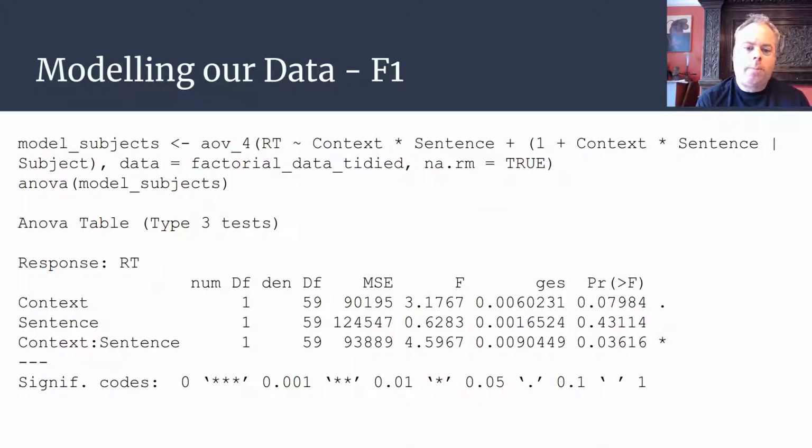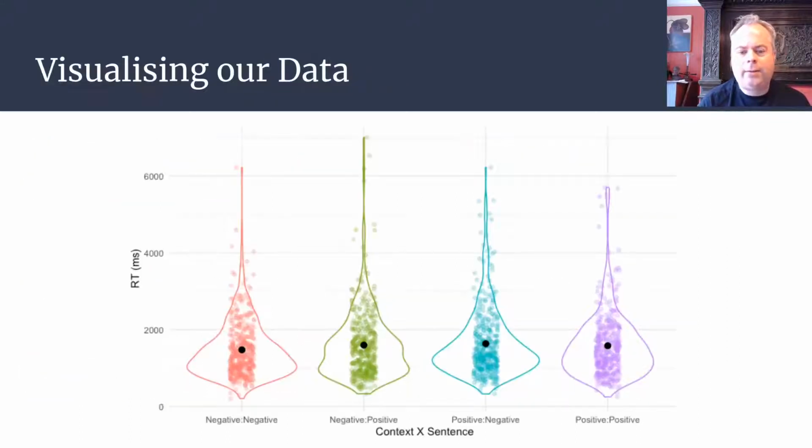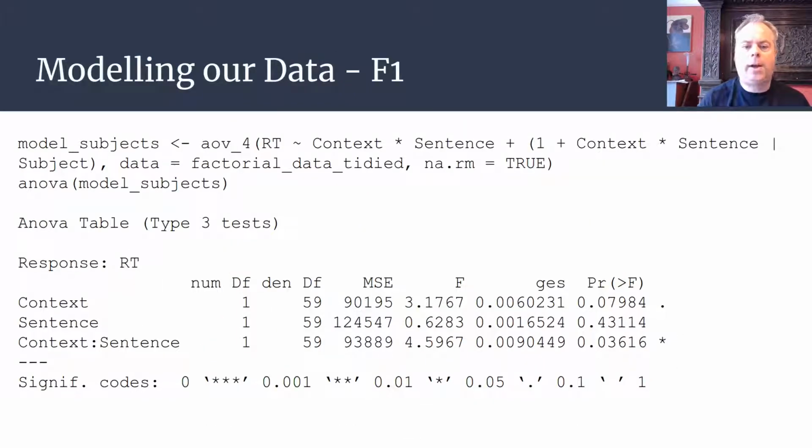So we're going to build our analysis of variance model using the same sort of syntax that we used when we looked at using aov4 in the context of repeated measures designs. But rather than there being just one experimental factor, in this case we've got two experimental factors, and we have to specify those appropriately in our model specification.